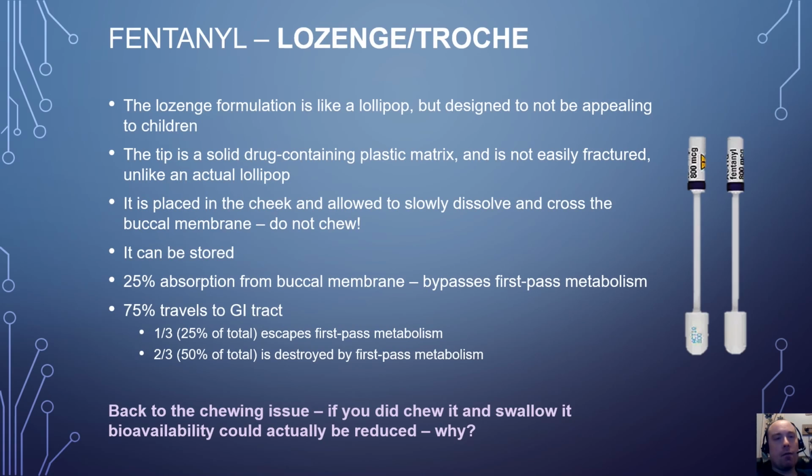So about half of the dose gets destroyed before it gets utilized to have any efficacy there. And down here is just highlighting that point that I made about chewing it and swallowing it. Typically, for a lot of drugs, you expect that might cause toxicity. In this case, it's much more likely that it's going to have poor efficacy.